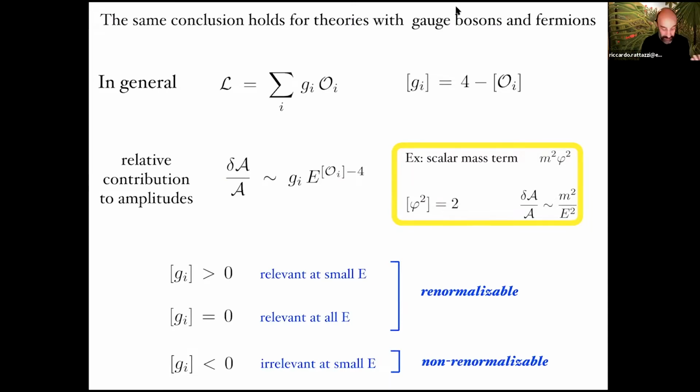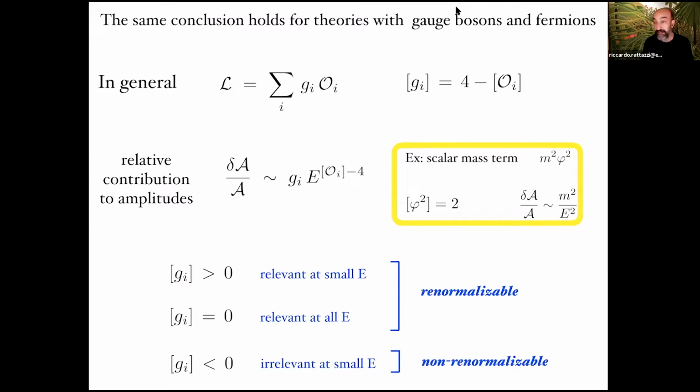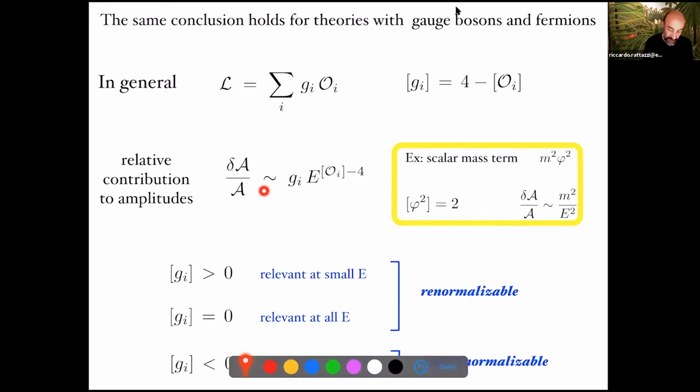Couplings of positive dimension, zero dimension, and negative dimension. Okay, and then by simple dimensional analysis, computing observables at any energy E below this fundamental microscopic scale, lower energies, you can assess the contribution of each of these couplings as a function of energy in the following way.